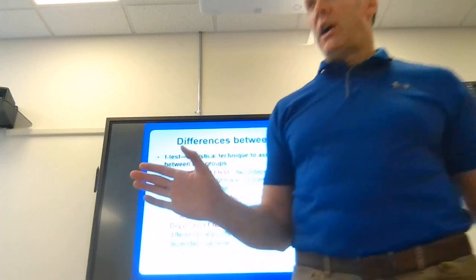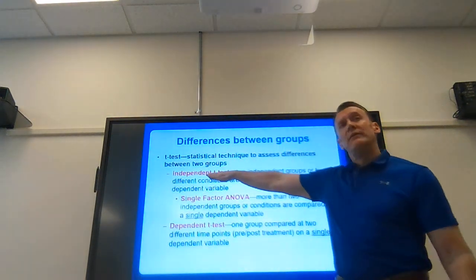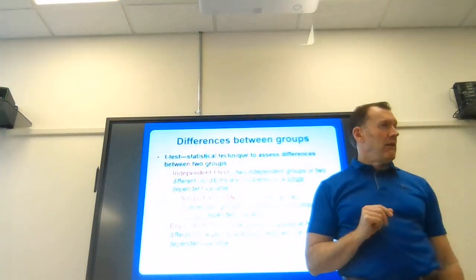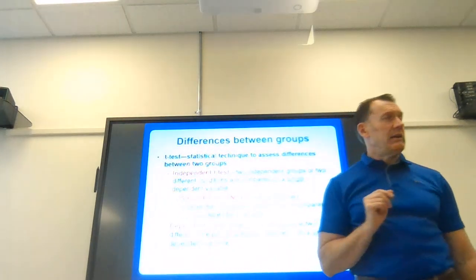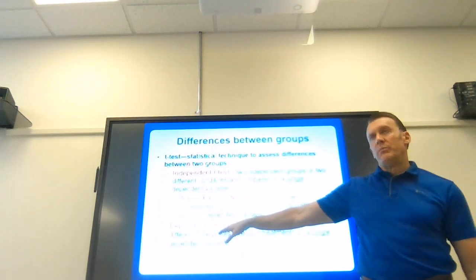Okay, so let me pause at this point. Do you have any questions, or maybe thinking about your own study? So Eric, yours would probably be right here, independent t-test. Anybody else? Corey, yours is probably more right here, pre-post.